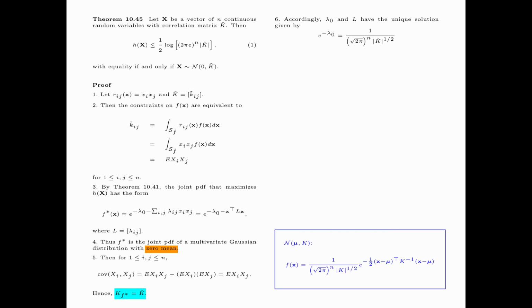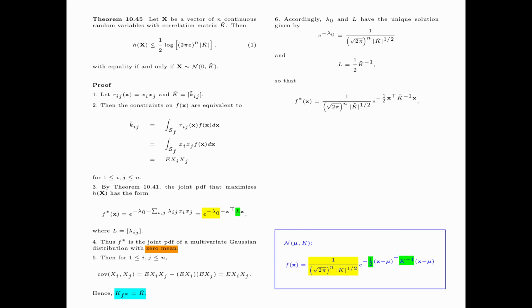Accordingly, lambda_0 and L in f star of x have the unique solution given by e to the power minus lambda_0 equals 1 over square root of (2 pi)^n times the square root of the determinant of K tilde, and L is equal to 1/2 the inverse of K tilde.